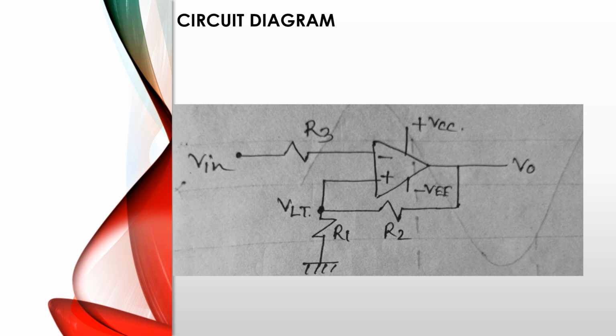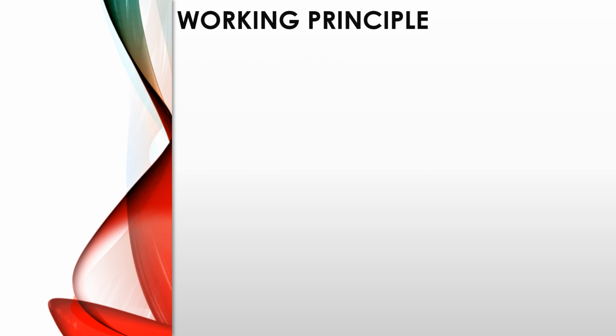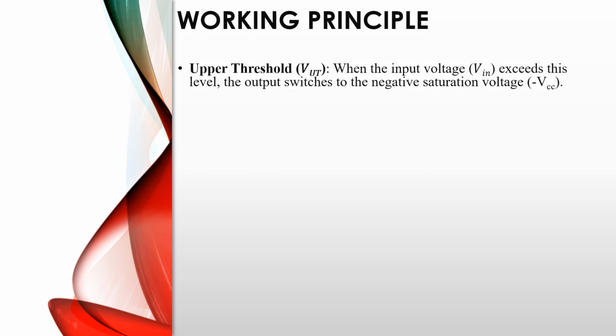Okay. Next, what is the working principle of Schmitt trigger? The upper threshold voltage is represented as VUT.